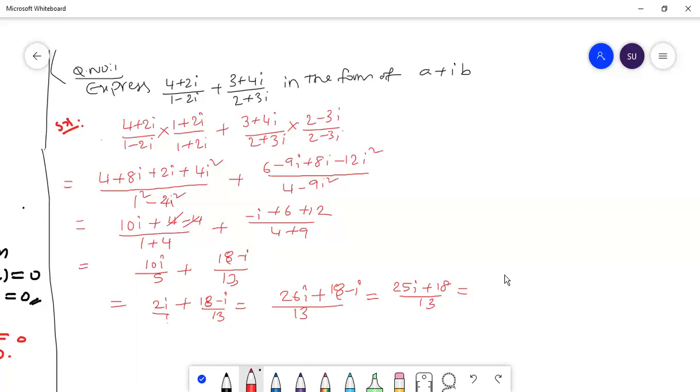Now you can separate the terms: 18 by 13 plus 25 by 13 i.